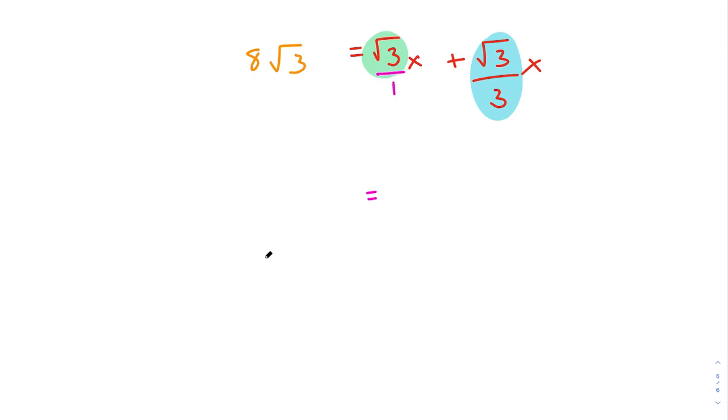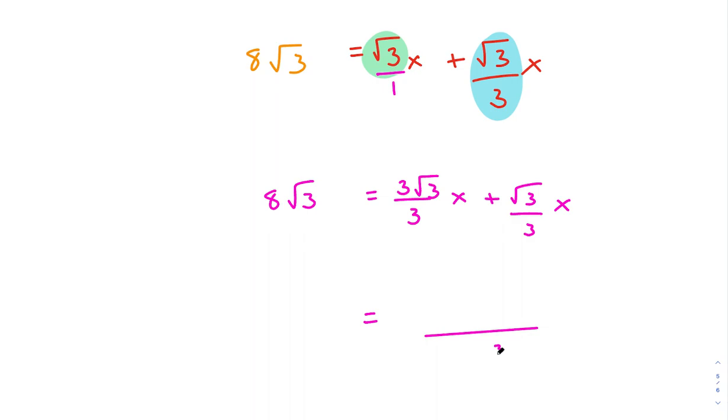Currently this is all over 1. If I want to make it all over 3, I would have to multiply the bottom by 3. But to keep the fraction having the same value, I'm going to do the exact same thing to the top. So I get 3 root 3 x plus root 3 over 3 x. And then that's equal to 8 root 3.